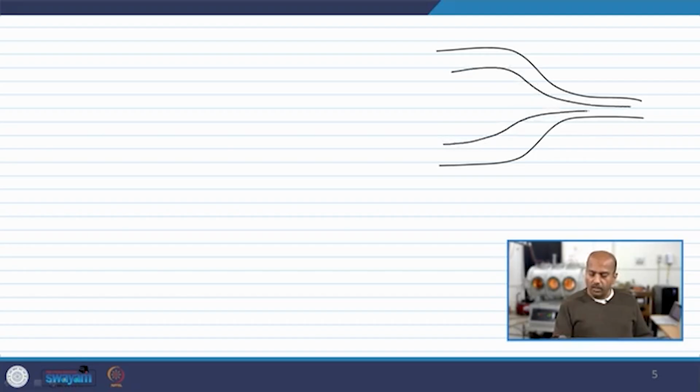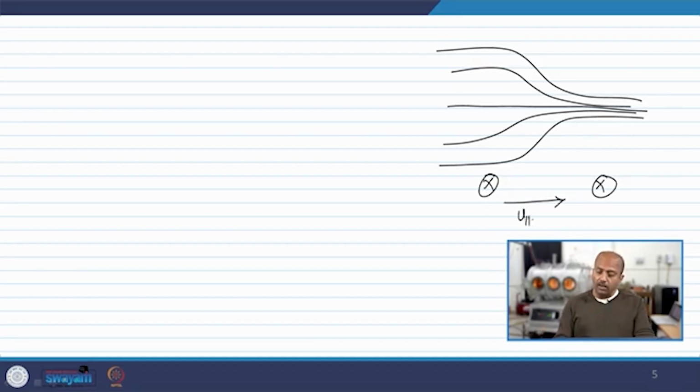Now, let us bring all of these things together. Let us say we have this magnetic field configuration. I have to draw it again and again. Now, we have these 2 points. What happens is, as the particle is moving further into the strong magnetic field region, its V parallel will decrease, right.